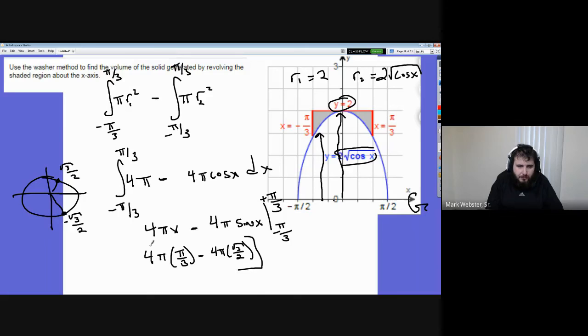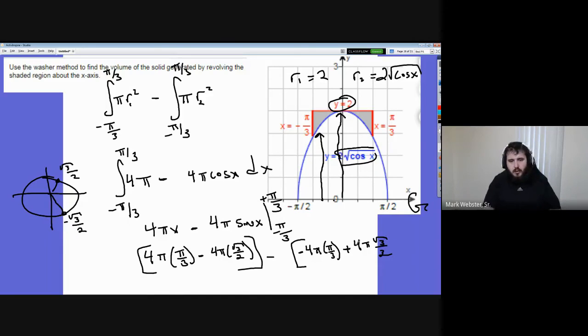So that's the top, and we can simplify this in a second. And then the bottom: negative 4 pi times pi over 3 minus negative, so plus 4 pi radical 3 over 2.